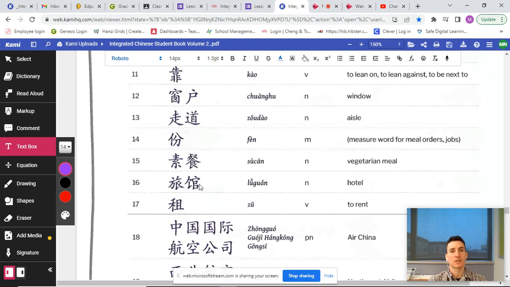旅馆, so again it has the umlaut, okay, which means hotel. 馆 is usually a place where you eat, or can even be referring to a hotel. But when I was in China, hotels often just serve food as well. You could stay there and you could eat there. If you don't stay there, you could often just buy food there.